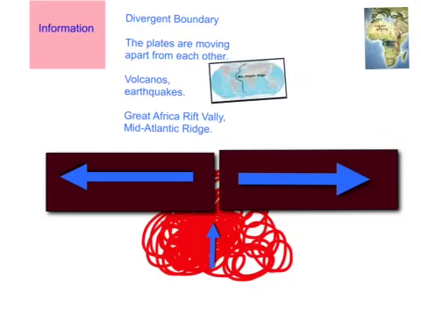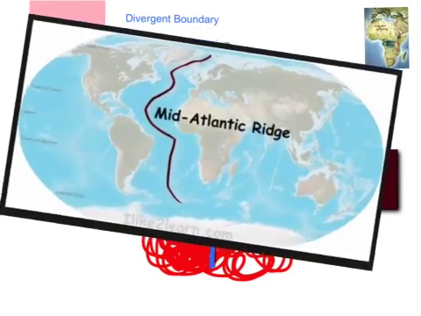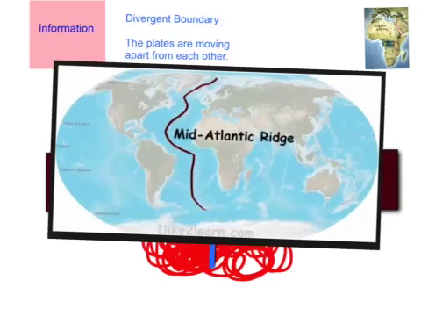The Mid-Atlantic Ridge is located in the ocean between Africa, South America, and North America. And this is where it is at. The Mid-Atlantic Ridge is right there in the middle of the ocean.